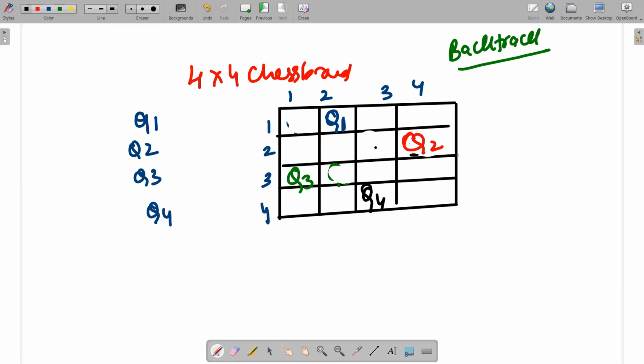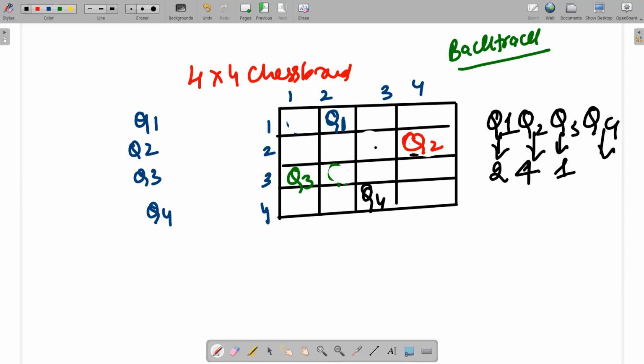So this is a solution for the N queens problem where we got the solution for Q1, Q2, Q3, and Q4: Q1 placed at the second column, Q2 placed at the fourth column, Q3 placed at the first column, and Q4 placed at the third column. So this is a solution using backtracking.